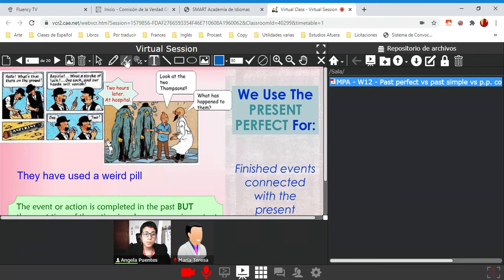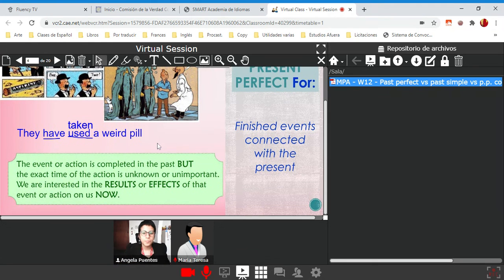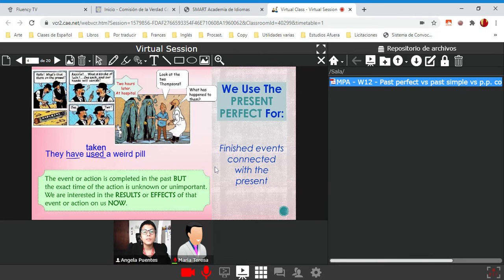Here you are using the present perfect. Han usado o han consumido. You can also say they have taken. And we are explaining that the effect of the pill is still happening to them. Good, great. Do you have questions so far? It's clear.